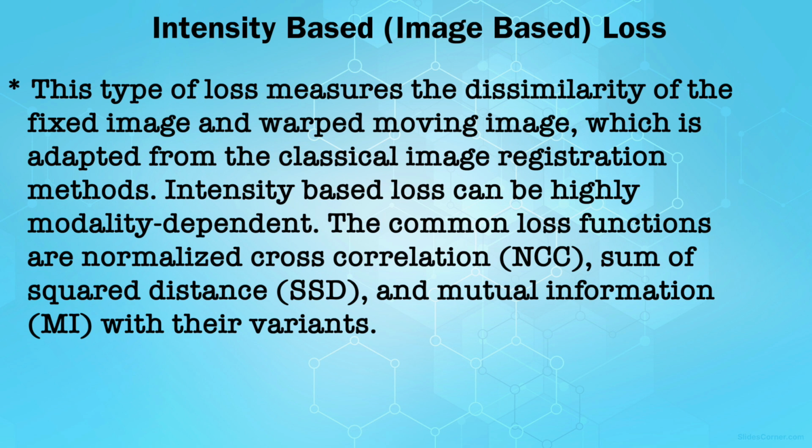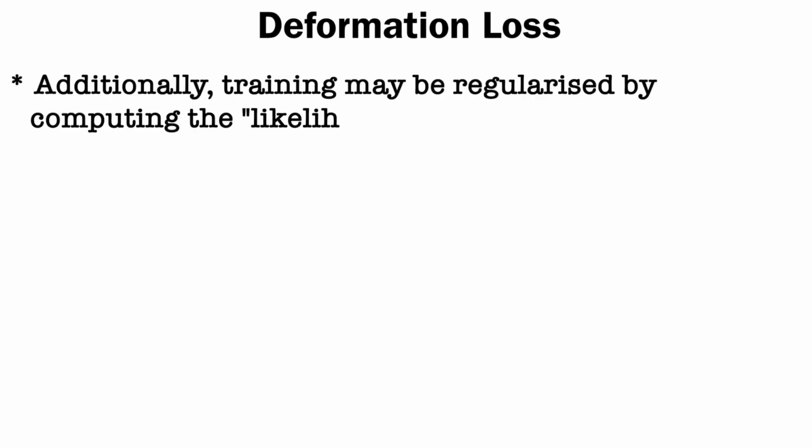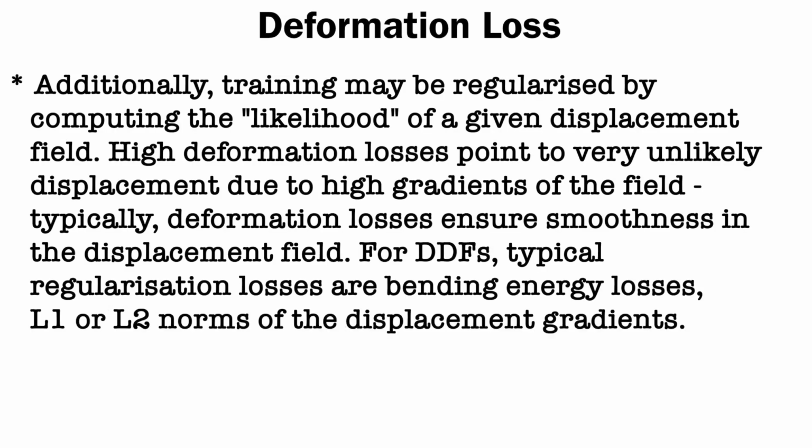The common loss functions are normalized cross correlation, that is NCC, sum of squared differences, that is SSD, and mutual information with their variants. Additionally, training may be regularized by computing the likelihood of a given displacement field.